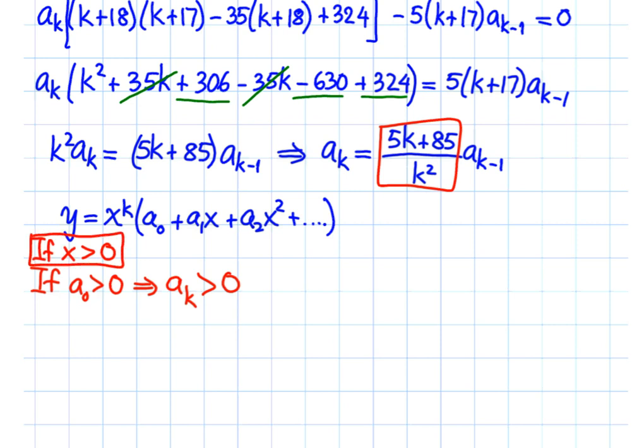Now, if all of the x are positive and all the coefficients are positive as well, what we see here is when the bigger values of x, the bigger values of y. The bigger the x values, the bigger the y values.